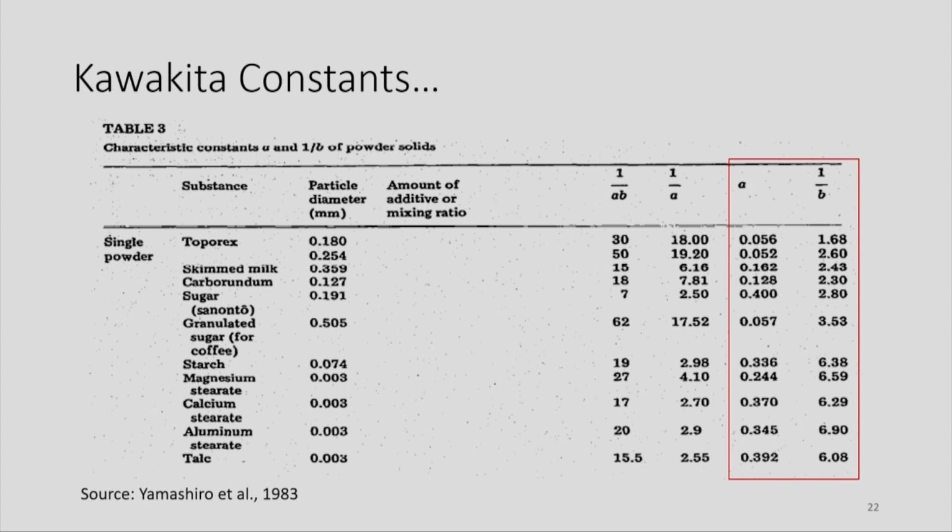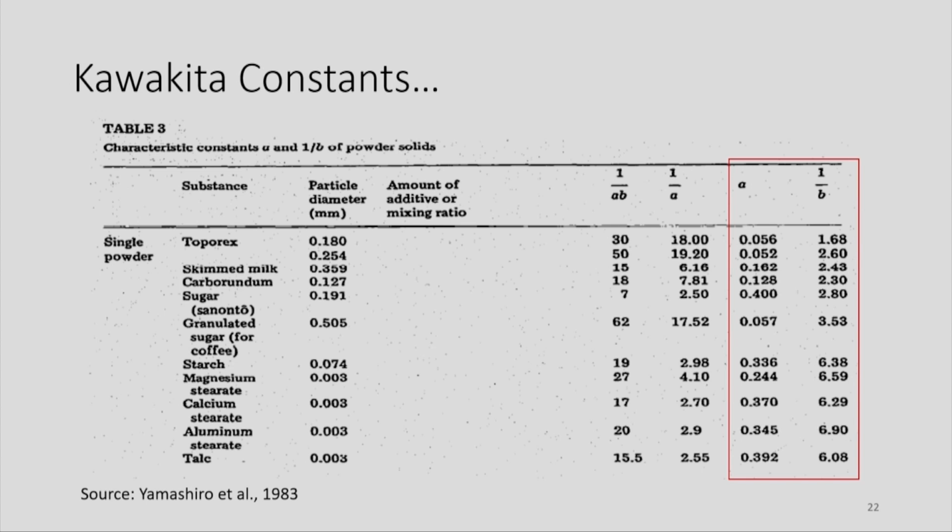If you compare sugar and granulated sugar, the values are close, but you can see the difference in A and 1 over B values. The A value of granulated sugar is much smaller than regular sugar. Granulated sugar is larger in size, so its flow behavior will be better than small-sized sugar powder.